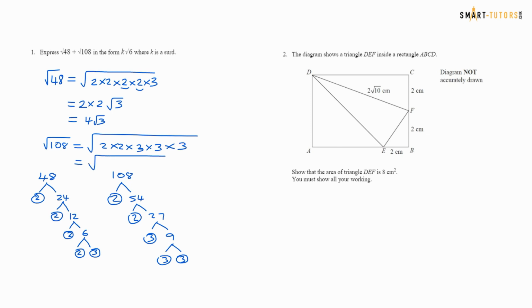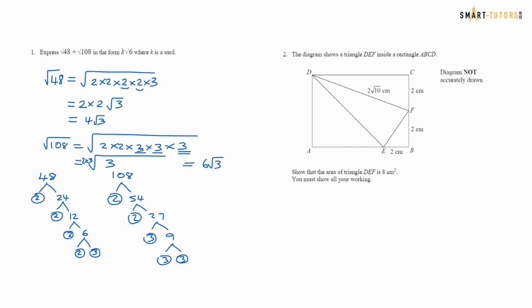Square root of the 2 2's, one of the 2 comes out, and the 3 3's: again one of the 3 comes out, and 1 3 is going to be on its own. So the answer is 2 times 3 is 6 root 3.